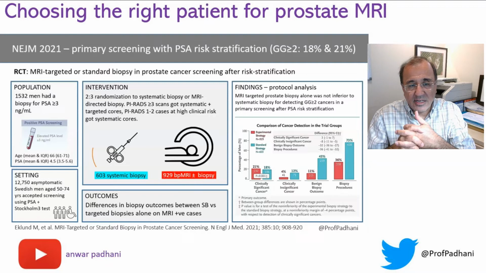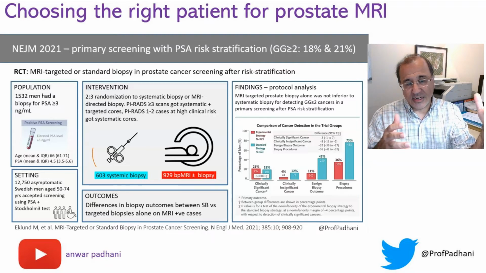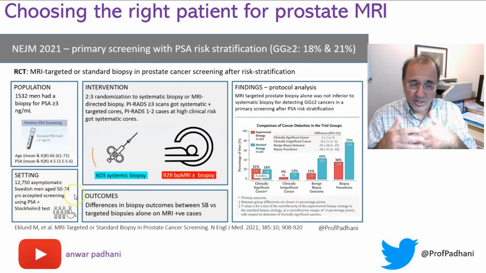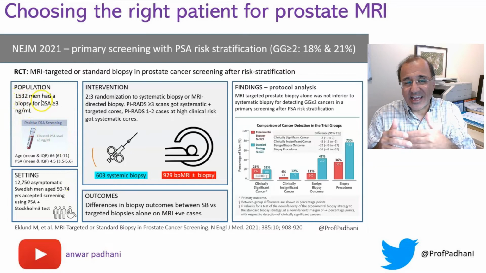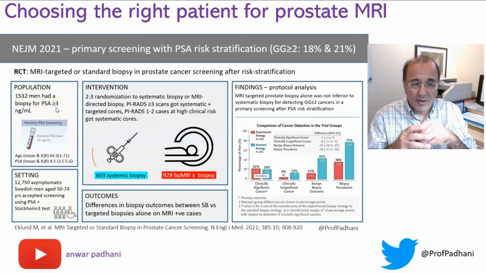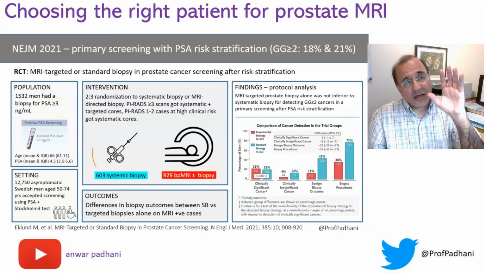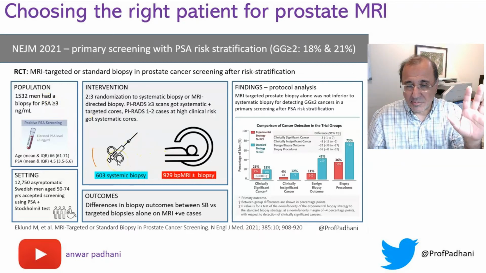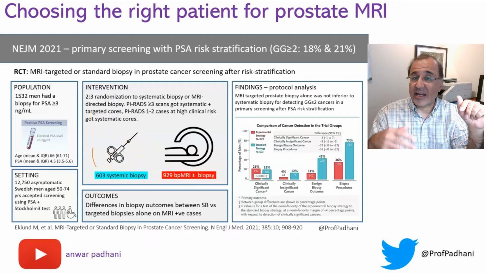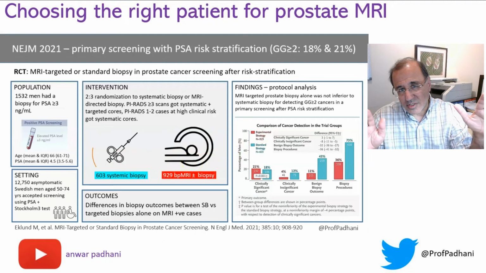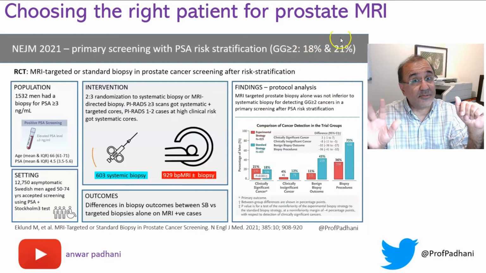So you can see that thousands of men between 50 and 75 were invited to undergo screening, of which 1,532 men had a PSA greater than 3. Now, you can see that some of these men underwent a systematic biopsy, and some of these men had an MRI followed by a targeted biopsy. But look at the prevalence altogether of the number of cancers that were detected. Can you look up at the top on the right-hand side? You can see it's about 20%.